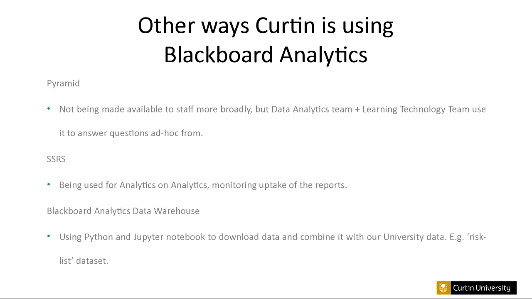This is kind of experimental at this point because it takes a lot of transformation to get it right. But the one thing we have put into production and are regularly doing is what we call this risk list data set, which is just a simple list of every student and how long it's been since they last accessed a site or any of their sites, which we then send out to the faculties.